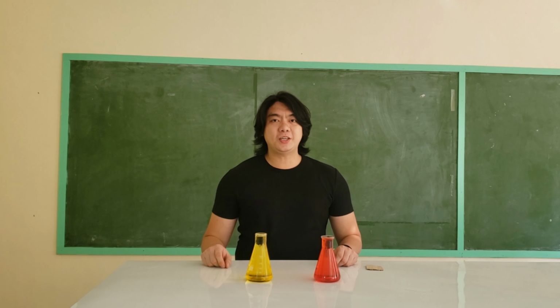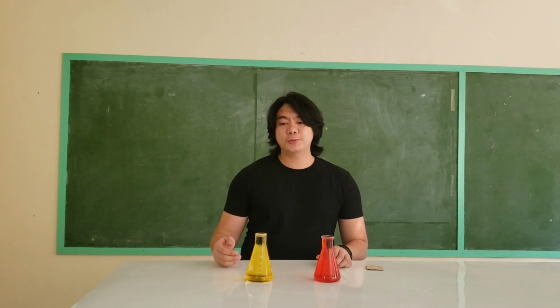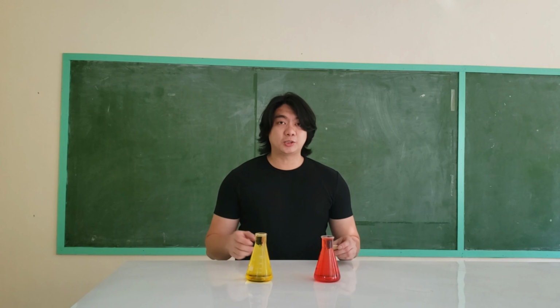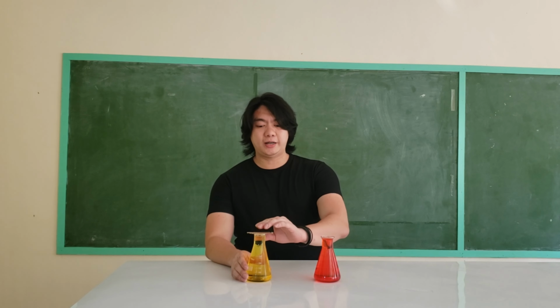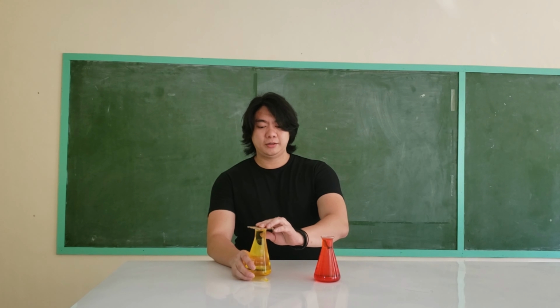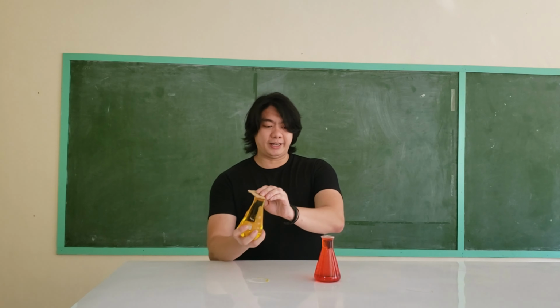For the third activity, we have two Erlenmeyer flasks, both filled with water. The first one is filled with cold water, and I made it yellow. The second one is filled with hot water, and I made it red. Now, for this activity, I will mix these two together and see the direction of water flow. Okay, so first I will be covering it so that I can put it upside down.